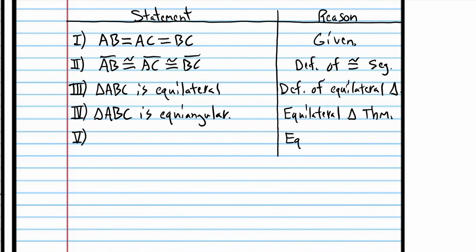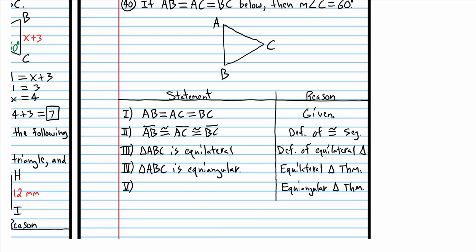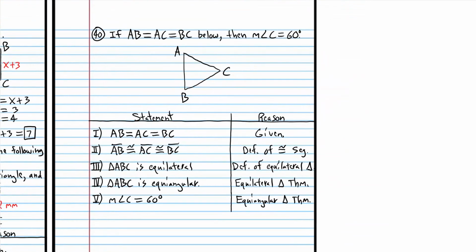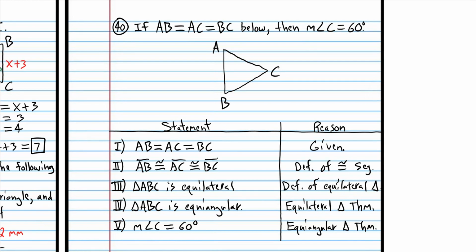Because of the Equiangular Triangle Theorem, we know that all the angles must be 60 degrees. The measures of all the angles must be 60 degrees. So that was the answer for number 40. If you got that answer, good job.